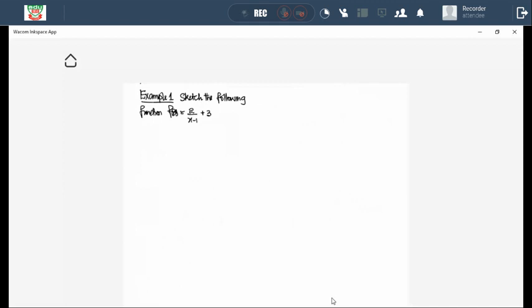You've got 2 all over x minus 1. So once x is on the denominator, we can say this is a hyperbolic function, and it's in its standard form, right? The standard form of a hyperbolic function I gave you previously is a over x minus p plus q. This is the standard form of a hyperbolic function.